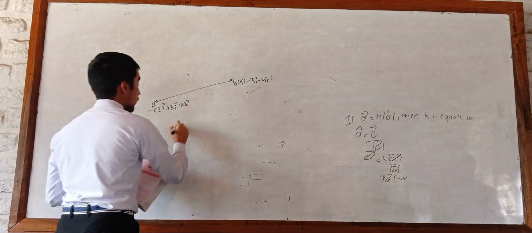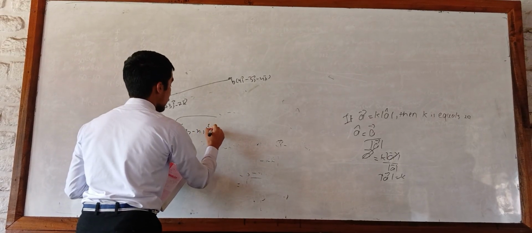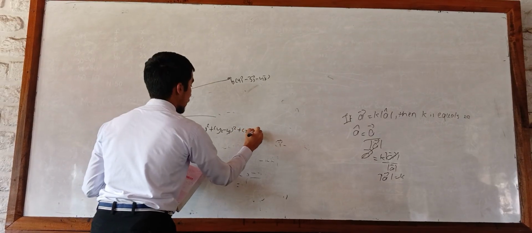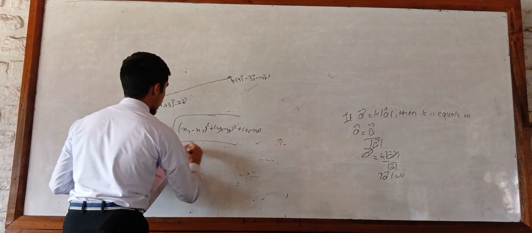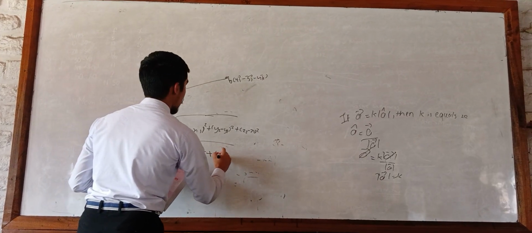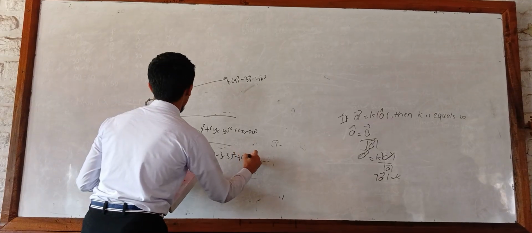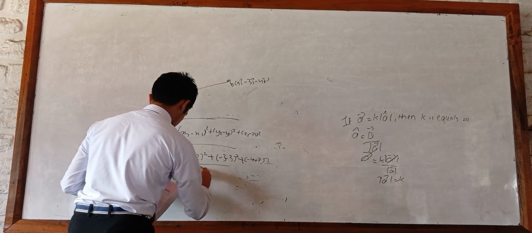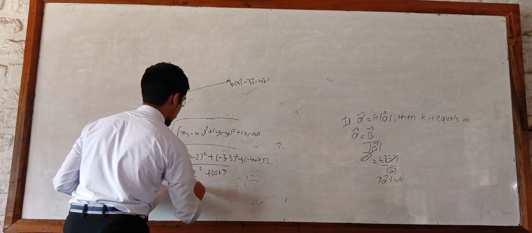For distance we have the formula square root of x2 minus x1 whole square plus y2 minus y1 whole square plus z2 minus z1 whole square. We can use the same formula for that. 4 minus 2 whole square plus minus 3 minus 3 whole square plus minus 4 plus 7 whole square. It will be 2 square plus 36 plus 9.